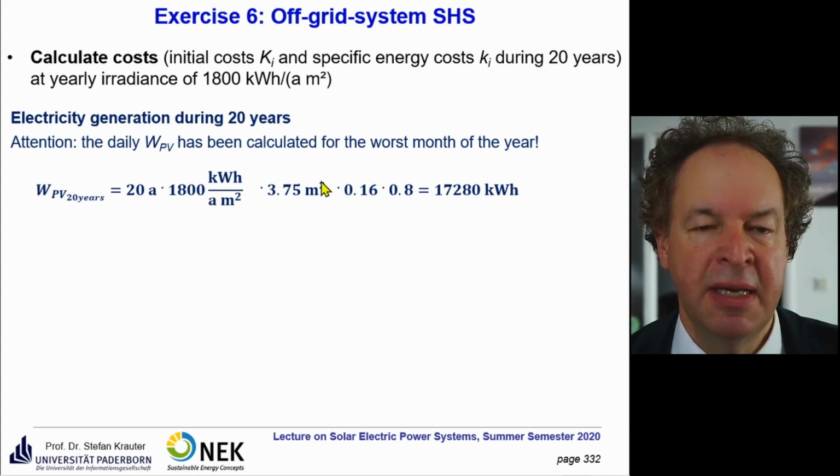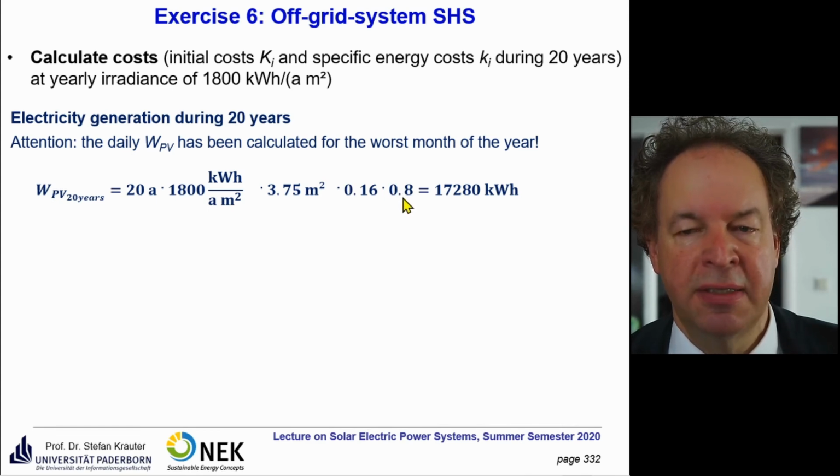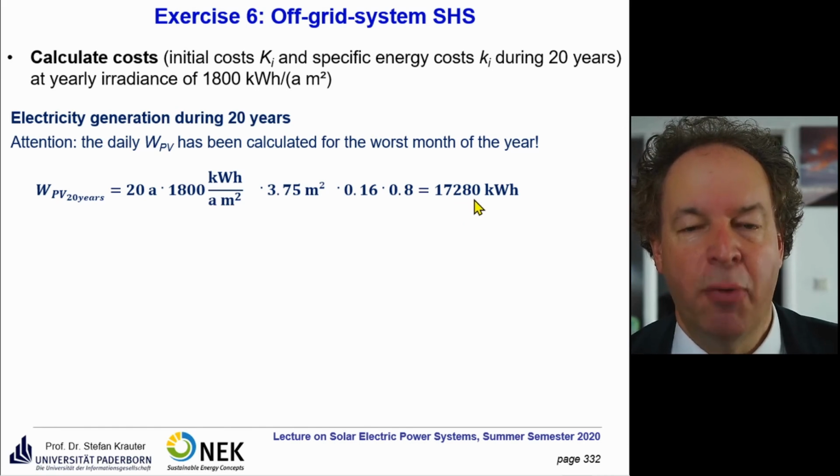That is the area of our PV generator, the conversion efficiency under standard test conditions, and the performance ratio considering the elevated temperature and non-perpendicular incidence and so on, so the non-STC conditions. Altogether we have 17.28 megawatt hours.